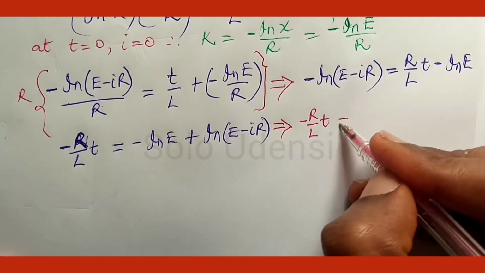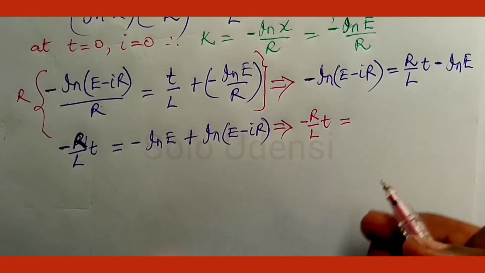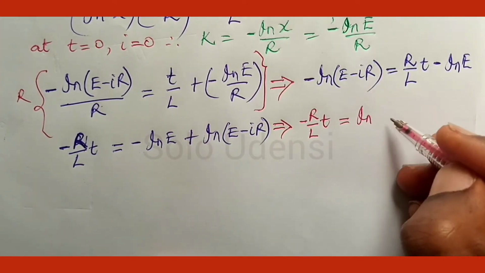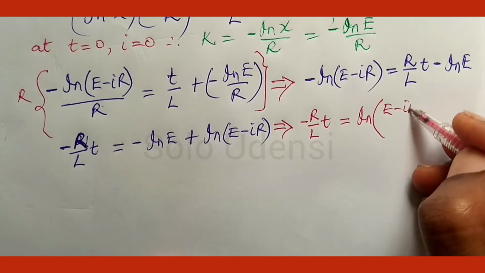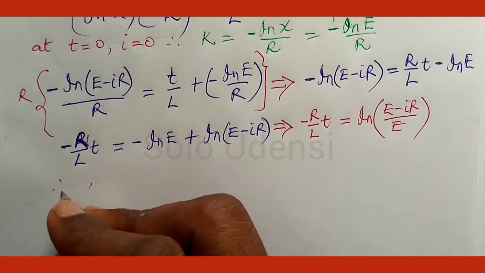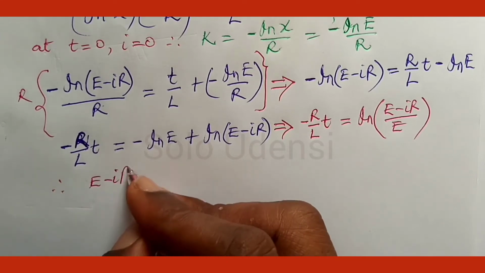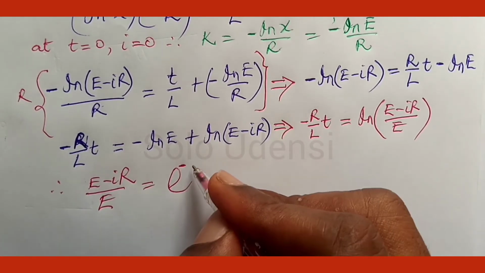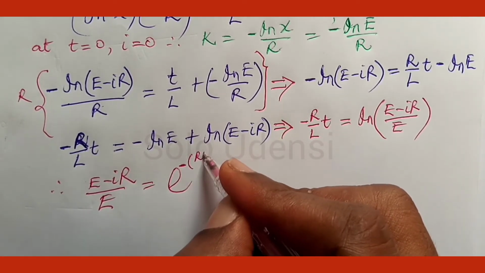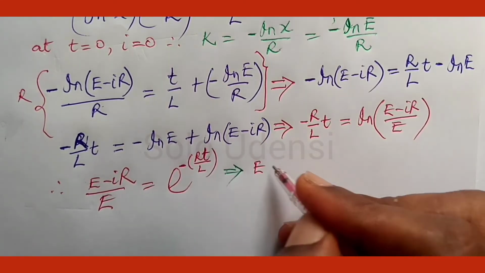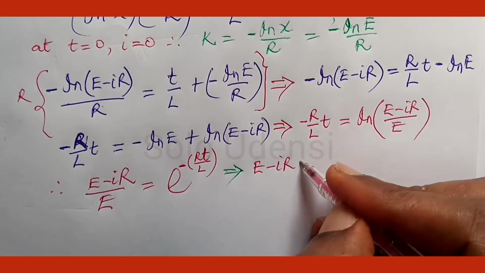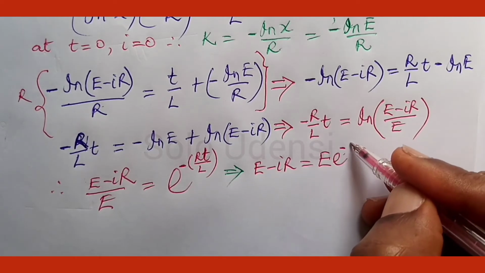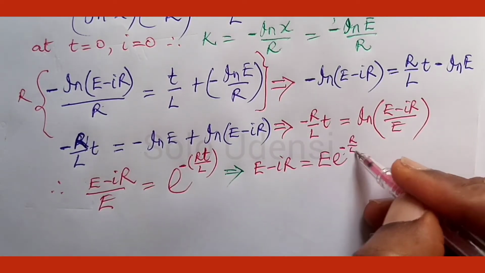Using the division law of logarithm, you have log E minus IR over E. Therefore, E minus IR over E is equal to exponential minus Rt over L. E minus IR is equal to E exponential minus R over L times t.